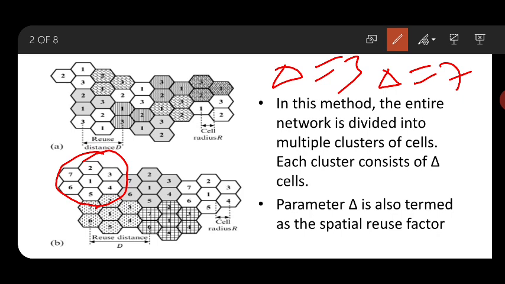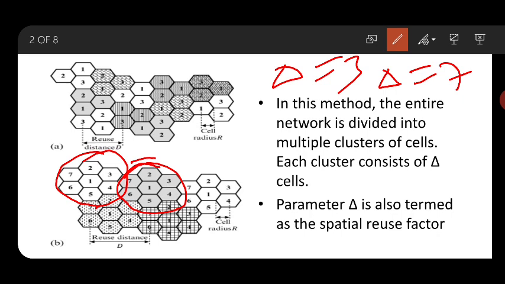Now the frequency is allocated to all the cells. If I cover one more distance, I will have one more cluster. Again the same frequencies will be given, f1, f2, f3, f4, f5, f6 and f7. Like this, the cell architecture gets formed in wireless communication to perform communication.